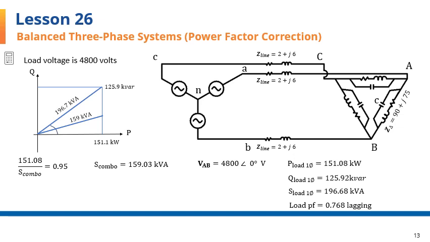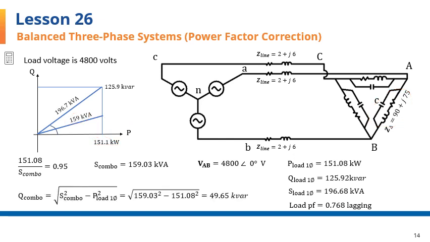Let's find the reactive power of the combined load and capacitor using the Pythagorean theorem. In this lower triangle, this side is missing. We know the base as 151.1, and we know the hypotenuse as 159. And we can use the Pythagorean theorem to find this side, which gives us the reactive power of the combination of the load and the capacitor for a single phase, of course.